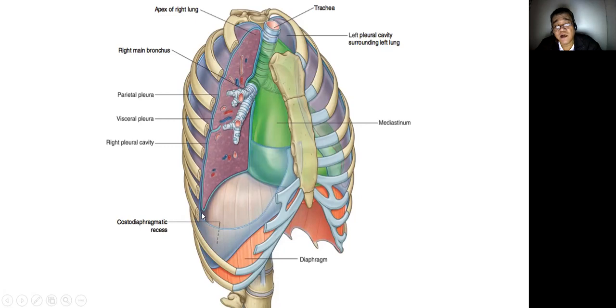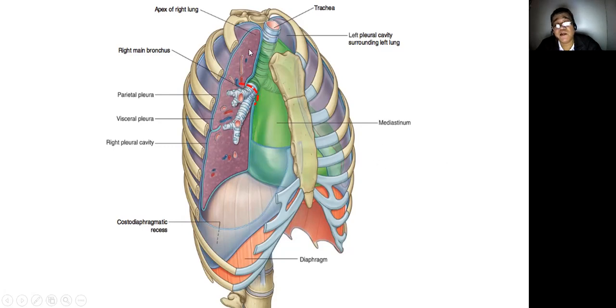These are areas where blood or fluid can potentially collect. Okay, so that is the area of the root of the lung.